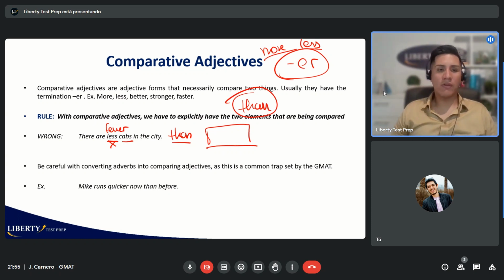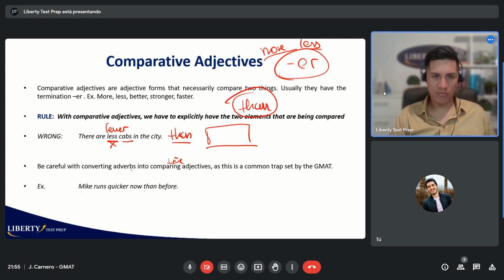Now they say be careful when you're converting adverbs into comparative adjectives, as this is a common trap set by the G-man. They say Mike runs quicker now than before. That's incorrect. Why? They're using the word quicker. What does quicker mean? Quicker means more quick, right? That's why we're writing er at the end.